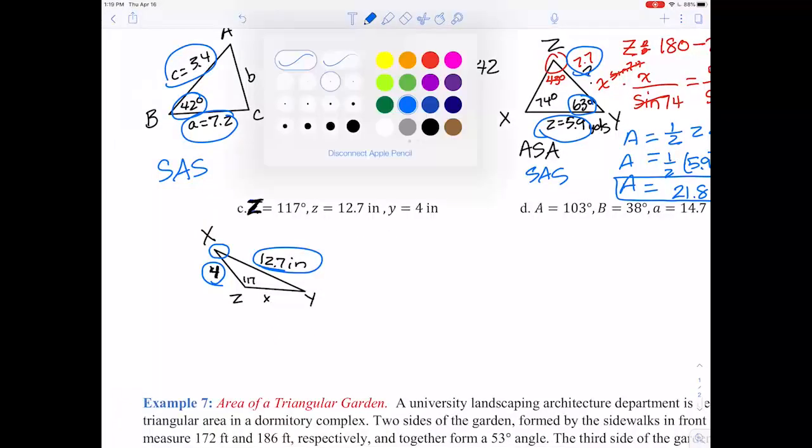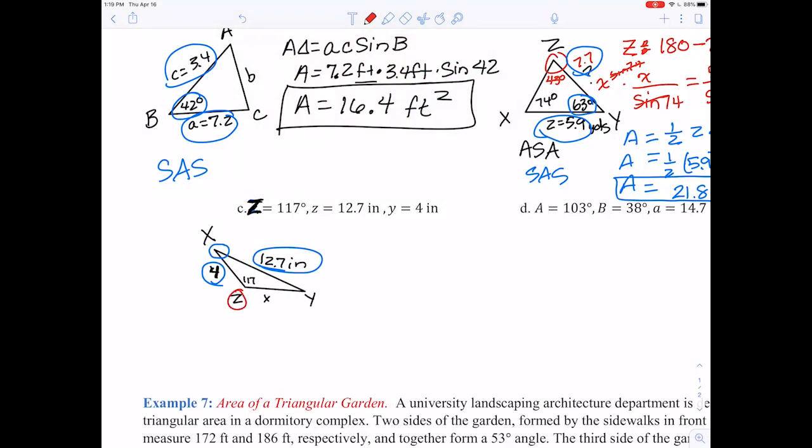I do have a full pair here. I have side Z and angle Z, and I have half of Y, I have side Y. So the only thing I can do at this point is use the law of sines to find angle Y, which then in turn, if I know angle Y, then I can find angle X.